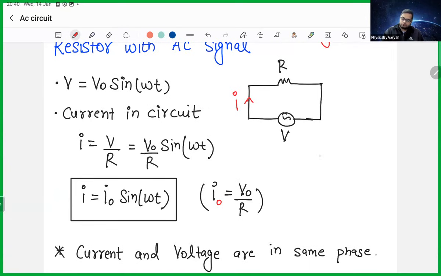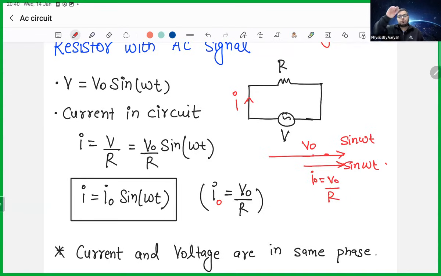Very interesting thing. If your voltage was sine, then your current is also sine. Only difference is the magnitude of the voltage was more. The amplitude of the current is less. Why? Because it is V naught divided by resistance.